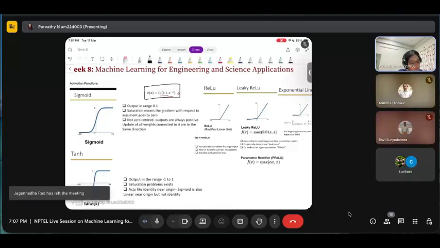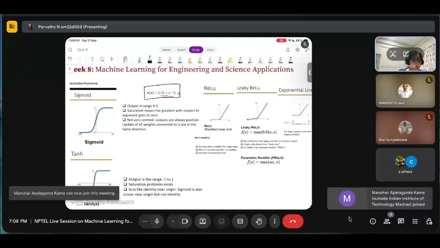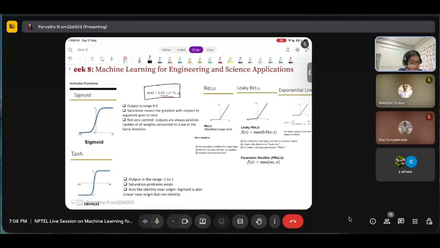One important point here is the saturation. Saturation means the gradient with respect to the argument goes to 0. So if you see the graph, when the values are very large positive and when the values are very negative, the curve is flattened.